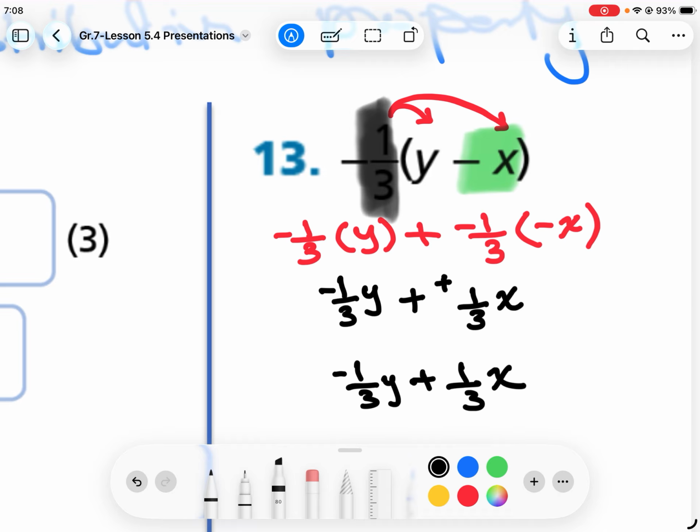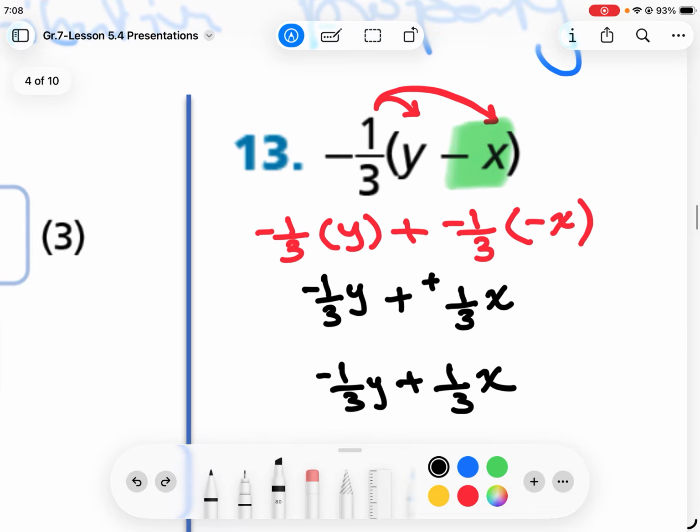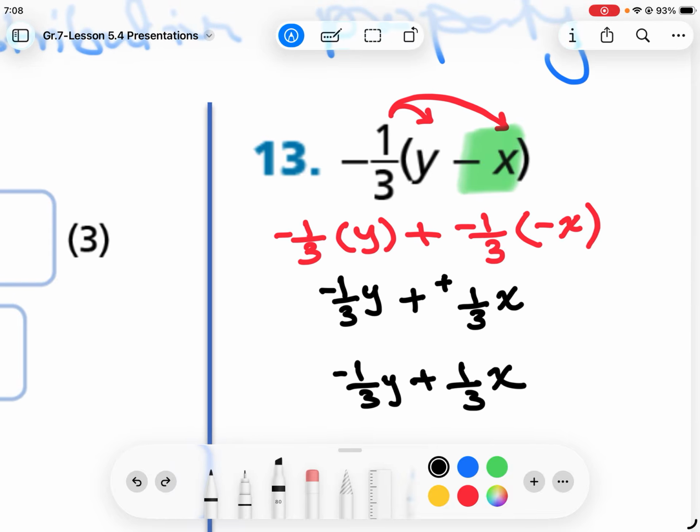When the negative enters, x will turn into positive. And this is the same thing that happened. x became positive because negative times negative equals positive. So do it this way, it's easier. Always put pluses. Don't confuse yourself with the signs, whether the number outside is positive or negative. It works for all the questions.